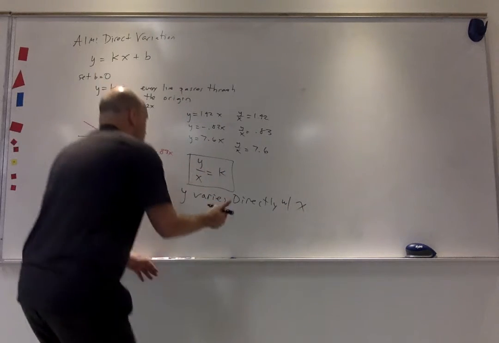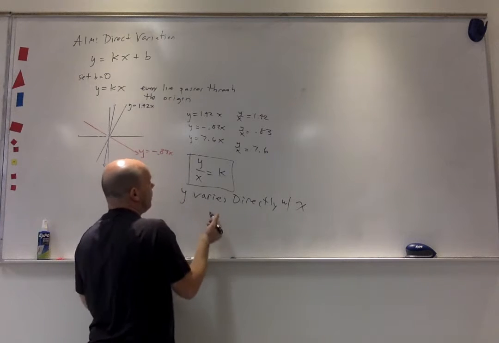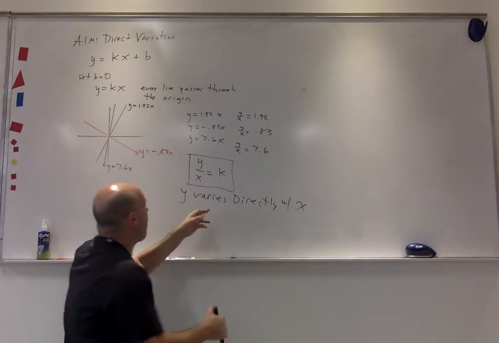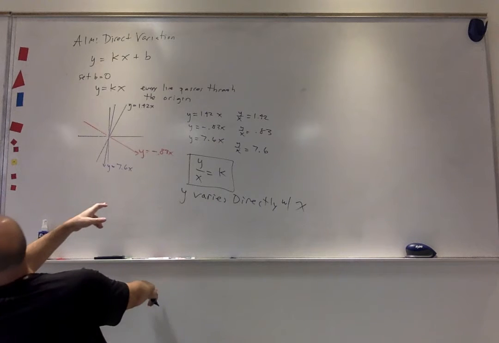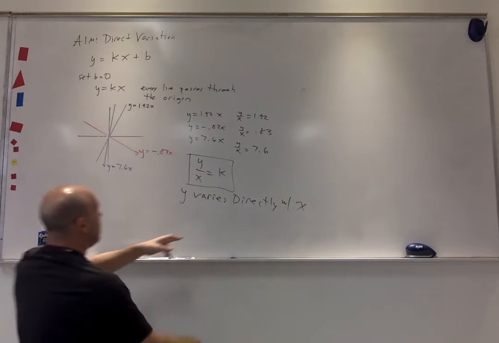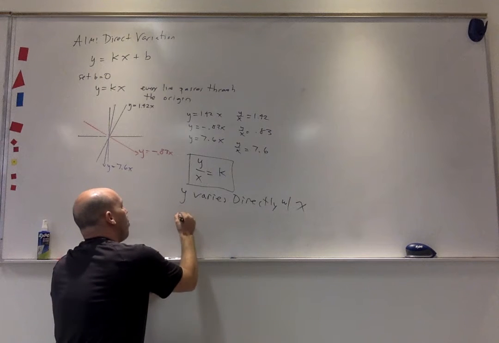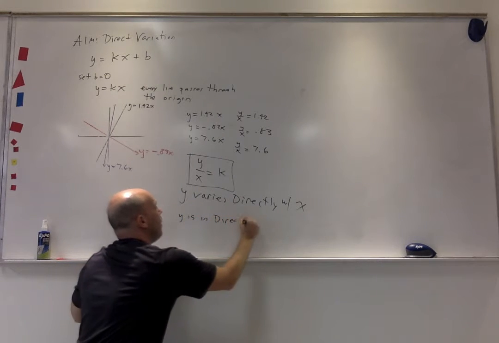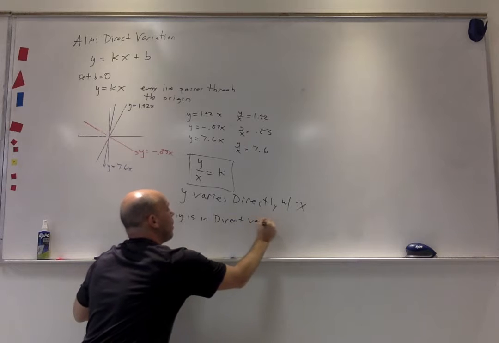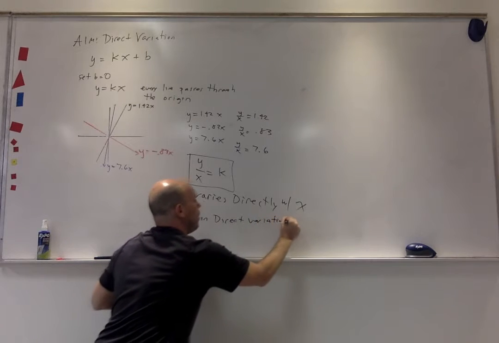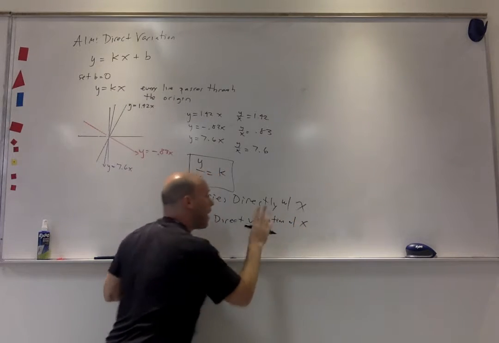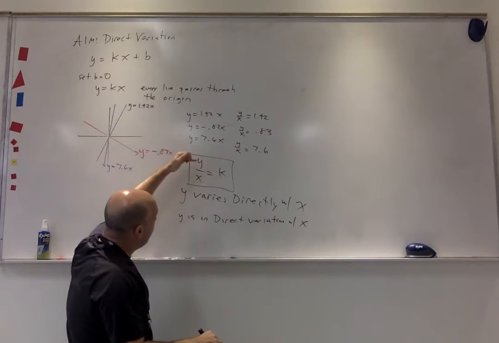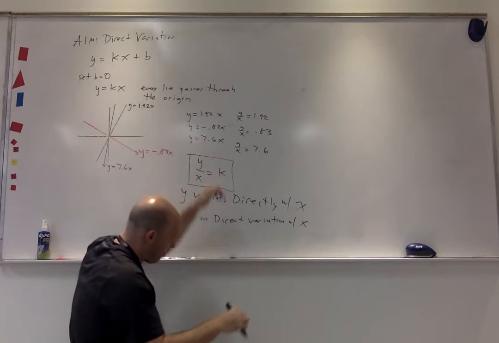Hence the term direct variation. Y varies directly with x, or y is in direct variation with x. The second you see varies directly, you know y over x equals k.